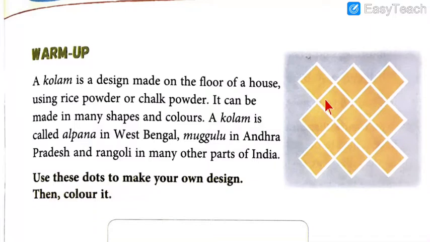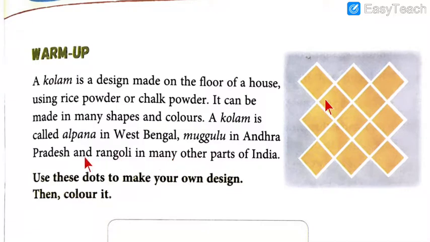This is also done on the floor, and it is done mostly with rice powder or chalk powder. It can be made in many shapes and colors. A kolam is called Alpana in West Bengal, Muggulu in Andhra Pradesh, and Rangoli in many other parts of India.